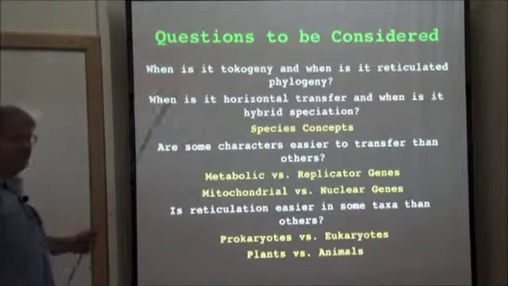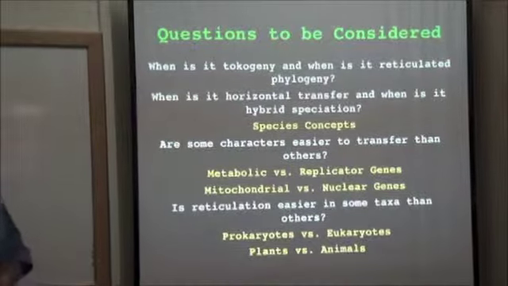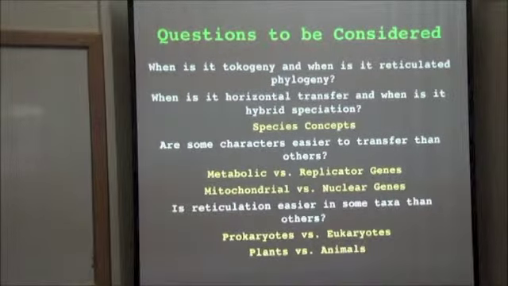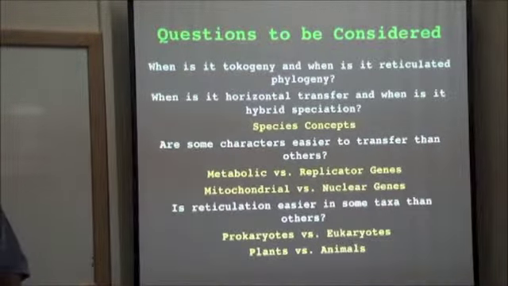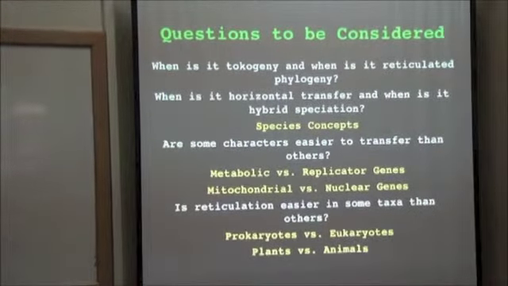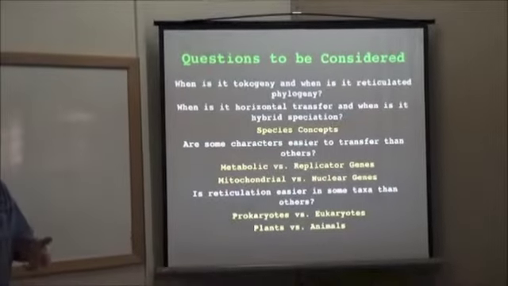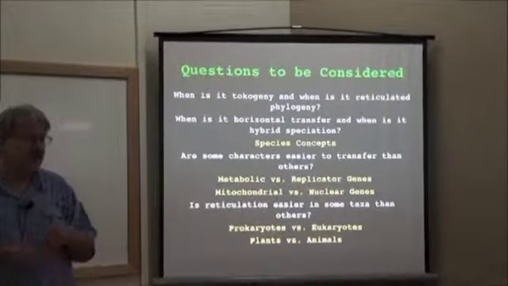It would be nice to study actual character evolution and to ask whether or not there are certain characteristics that are transferred laterally more easily than others. There's a very interesting thing that Urs Satmar taught me about horizontal transfer in bacteria.